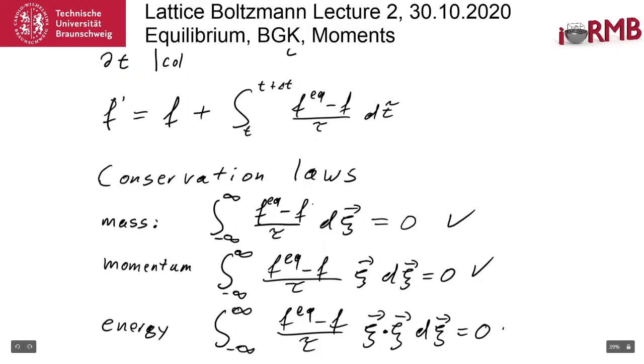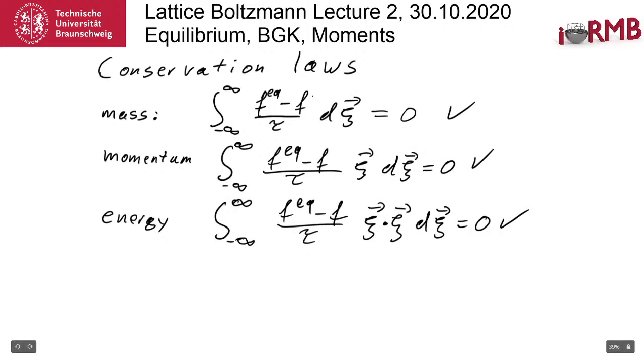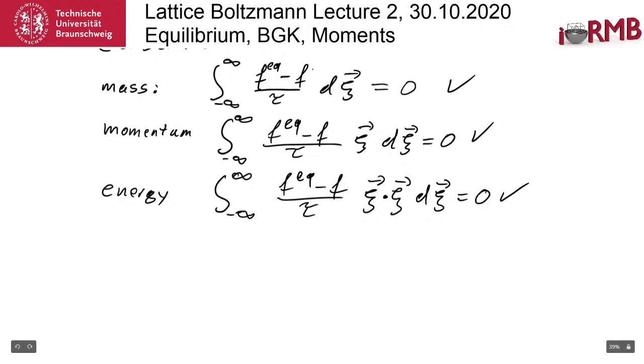And also this is correct because the energy of the equilibrium distribution function is the same as the energy of the distribution function. And actually, also the H theorem is fulfilled by the BGK collision operator. Okay, I'm kind of quick today. Any questions?